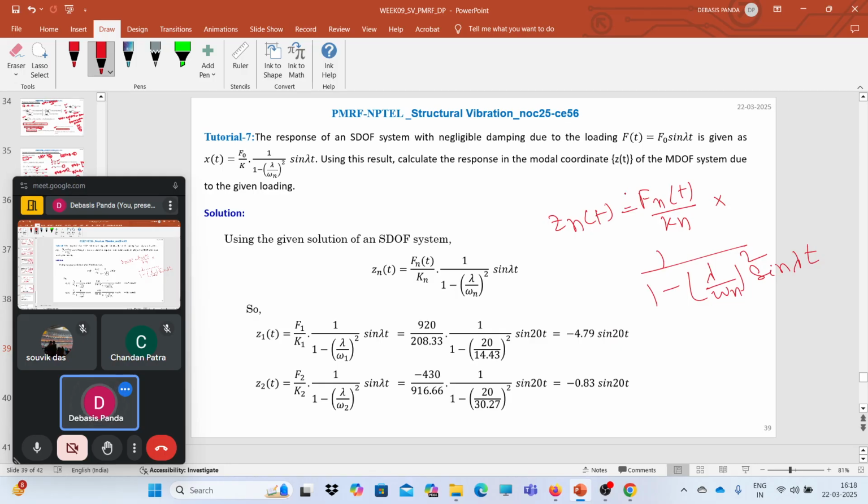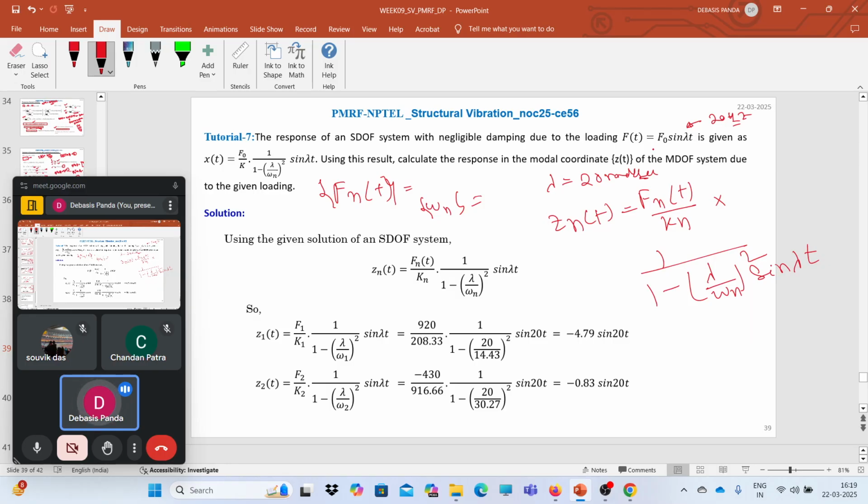How can we find it out? We have the modal forces Fn(t), we have omega n, the two natural frequencies, and we have the forcing frequency lambda, 20. Let's consider lambda to be 20 rad per second.